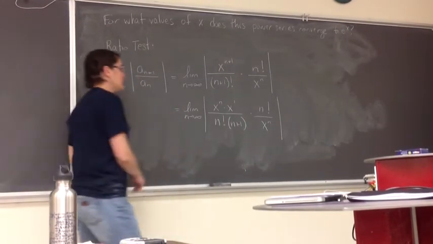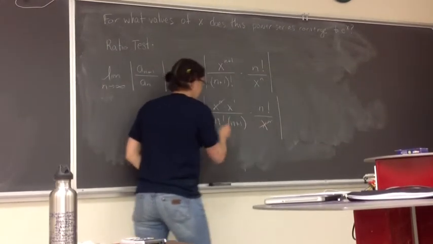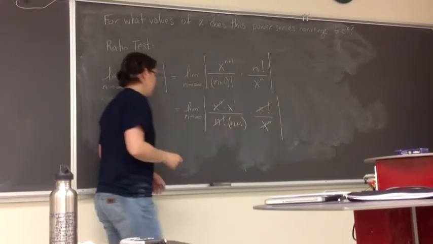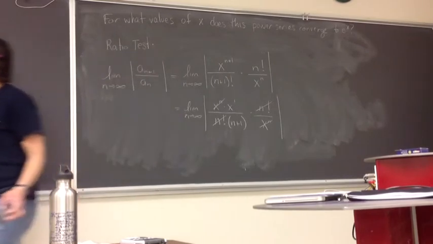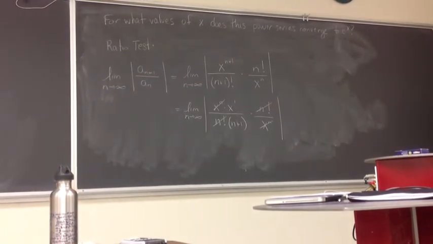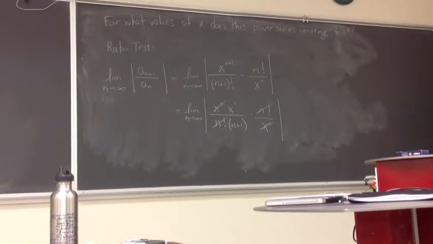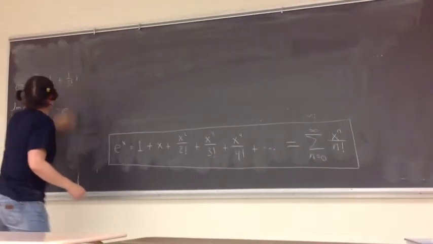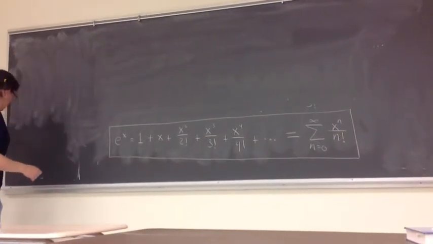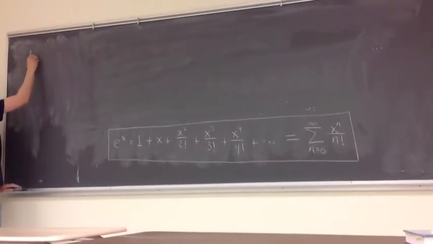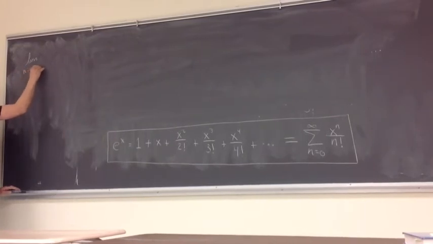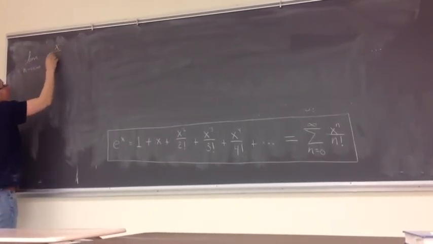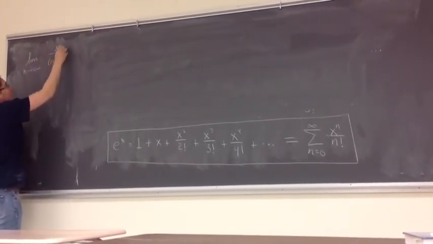All right, I can start to cancel some things. The x to the n's cancel, the n factorial cancels, and we are left with the limit. I'm going to leave my series up here down at the bottom for a little bit longer. But we are left with the limit as n approaches infinity of x over n plus 1.